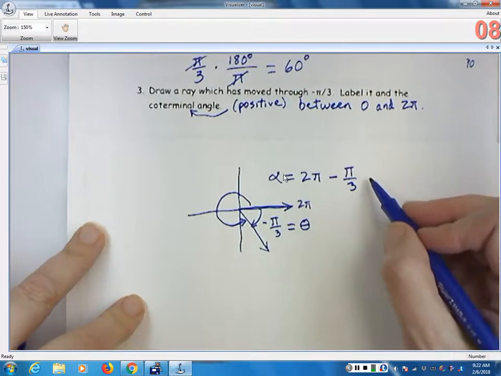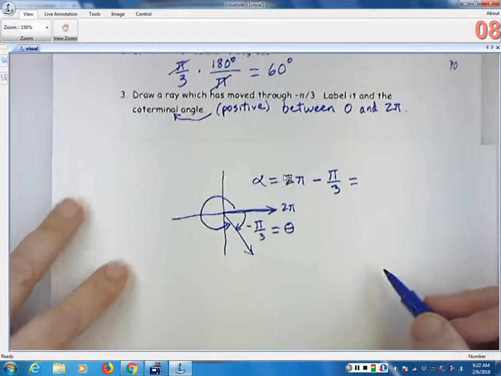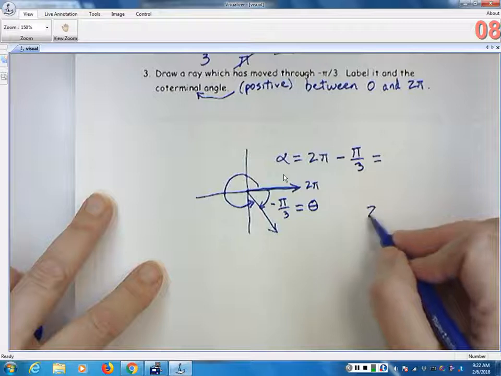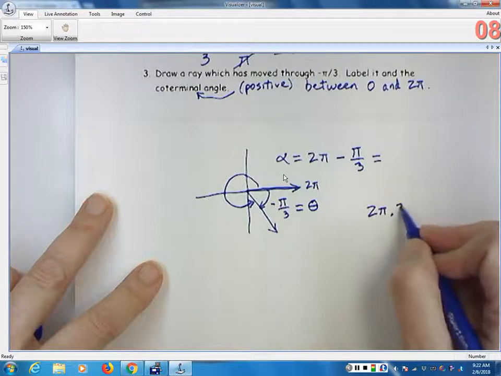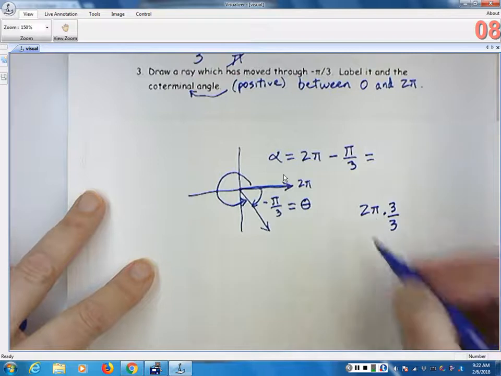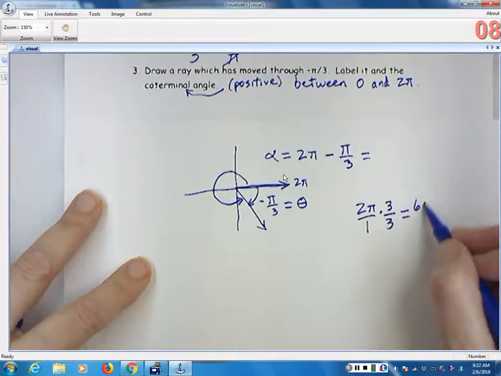And you have to do this on the non-calculator part, so you've got to write 2 pi in terms of 3's. You don't just multiply the top by 3. You're going to multiply both, but make it a fraction. And that's 6 pi over 3.